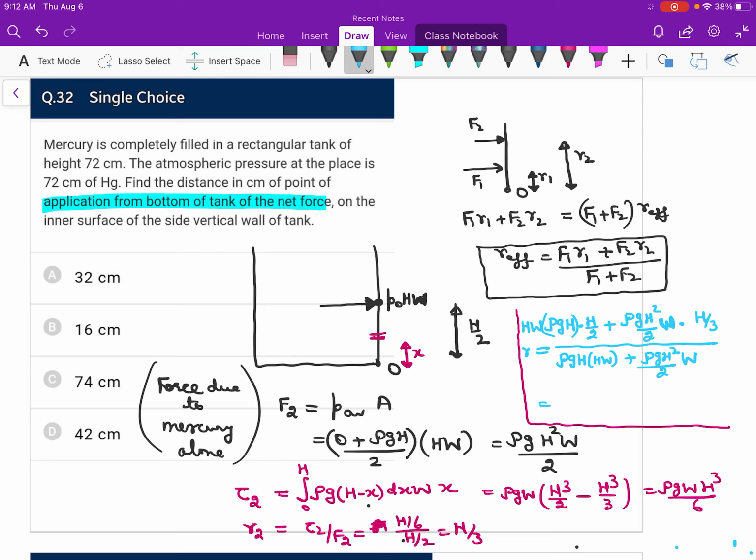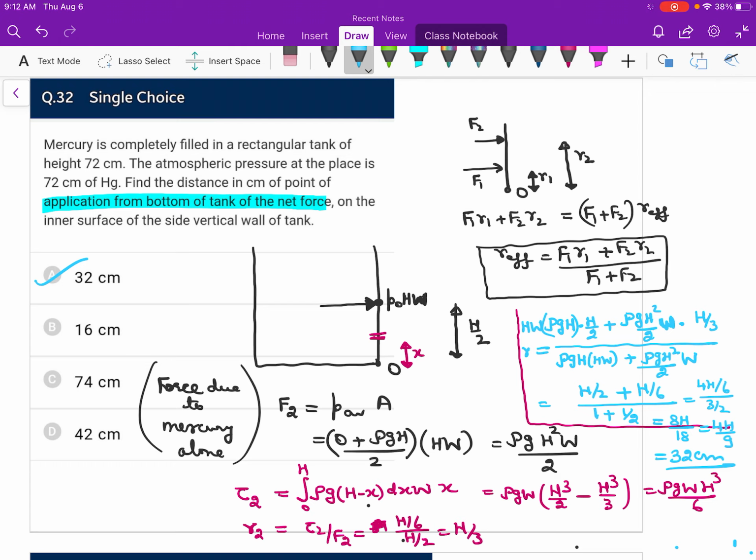So rho g h square w is cancelling, so we get (h by 2 plus h by 6) upon (1 plus 1 by 2), so that is 4h by 6 upon 3 by 2, so that is 8h by 18, that is 4h by 9. Now h is 72, so 4h by 9, 8 4s are 32, so 32 centimeter.